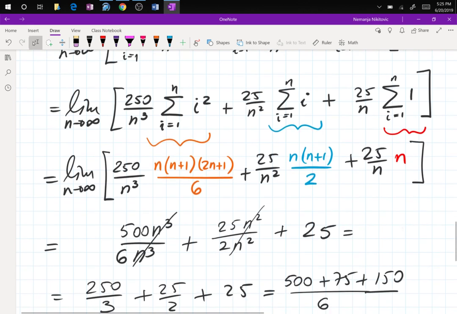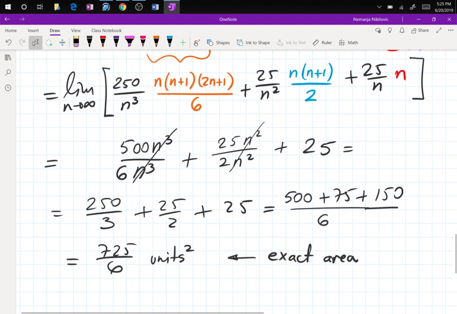And then you take a look, that's a 250n and 2n, so that's a 500n cubed over 6n cubed, times n squared, 25n squared over 2n squared, and 25n and n. All of the variables cancel, and we just add the remaining fractions. 725 over 6 is what we came up with in the calculation, if I haven't made any mistakes.